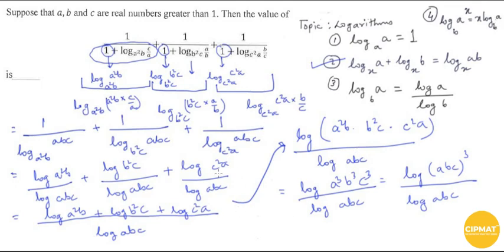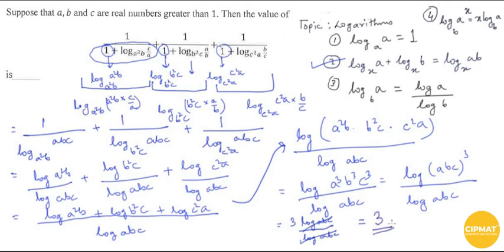So this expression will become 3 times log abc divided by log abc. Log abc and log abc can be cancelled because we know that a, b, c are all real numbers greater than 1. So I am left with 3.